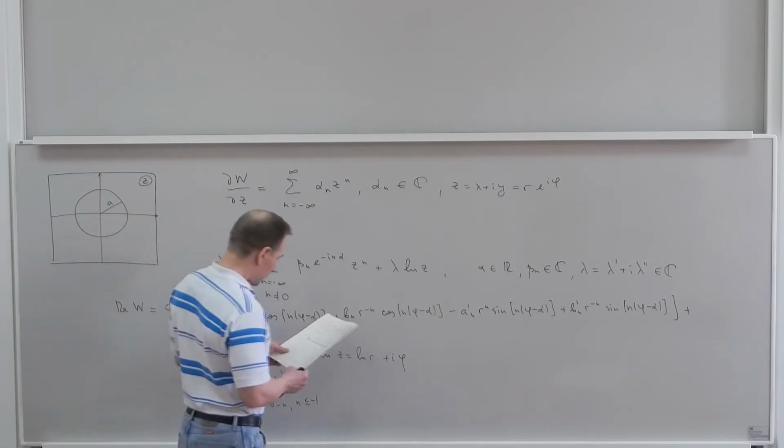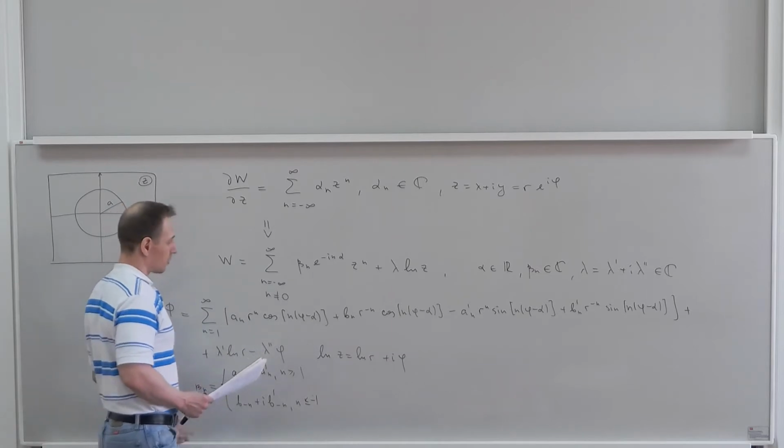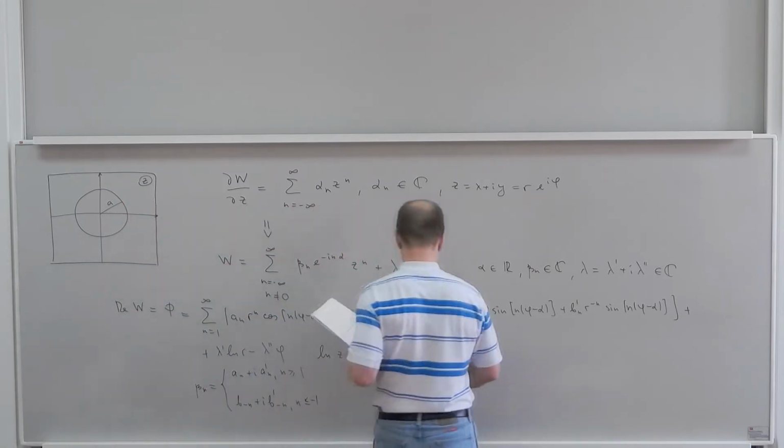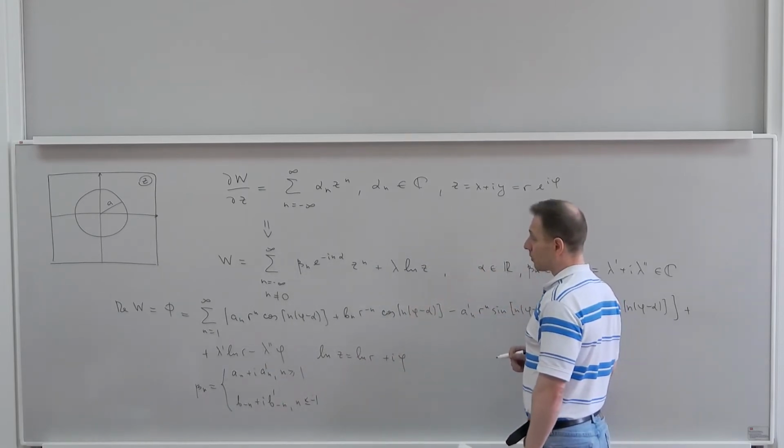And so we need to find the derivative of this potential with respect to R in order to impose the boundary condition.